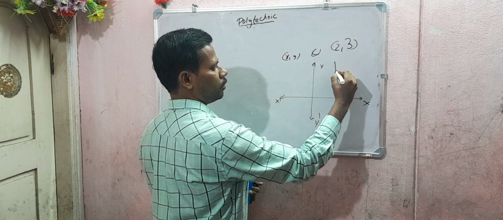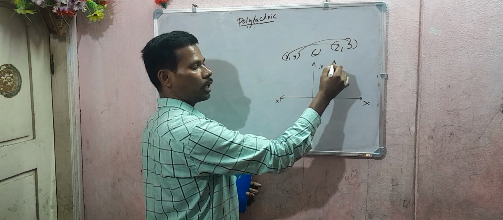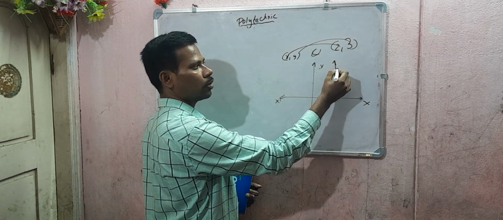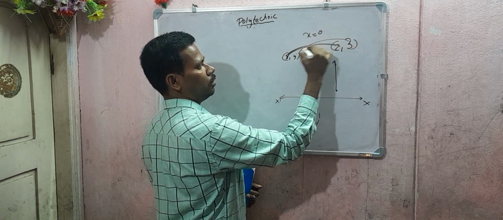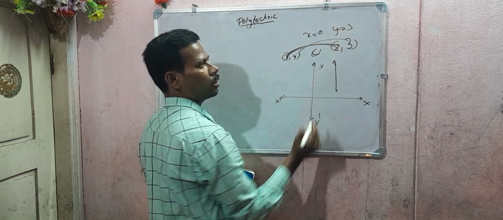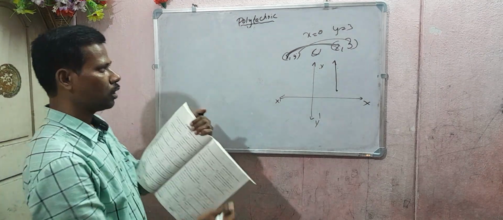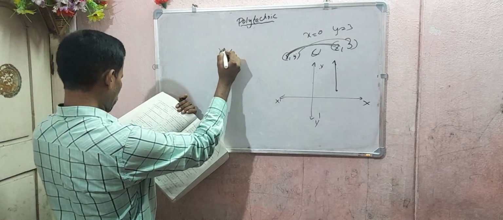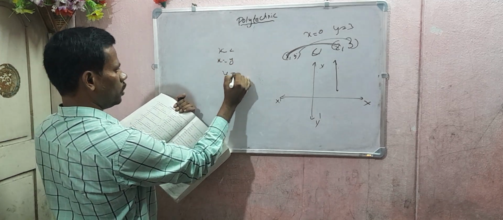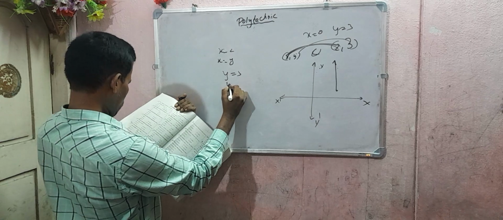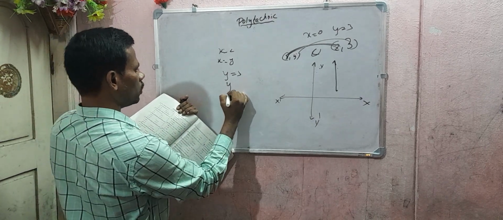Parallel to y-axis means something like this. On y-axis x coordinate is 0, no? So x will be 0, that means this is 0, therefore y is equal to 3. What are the options given? x is equal to 2, x is equal to y, y is equal to 3, and y minus x is equal to 1.